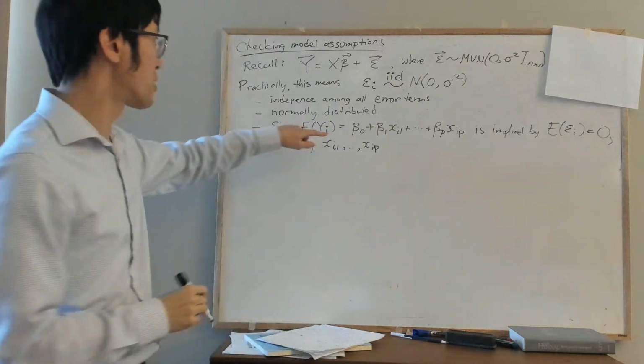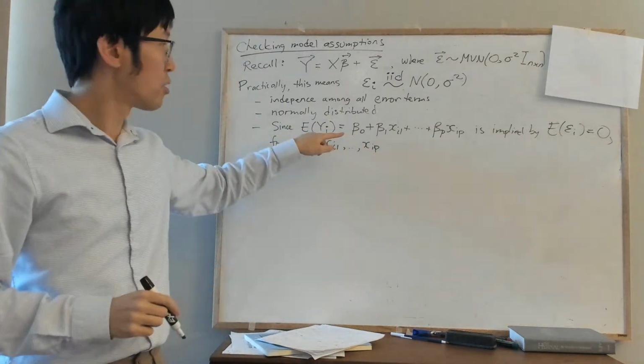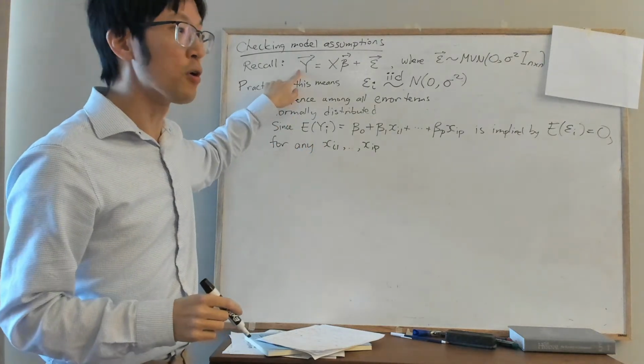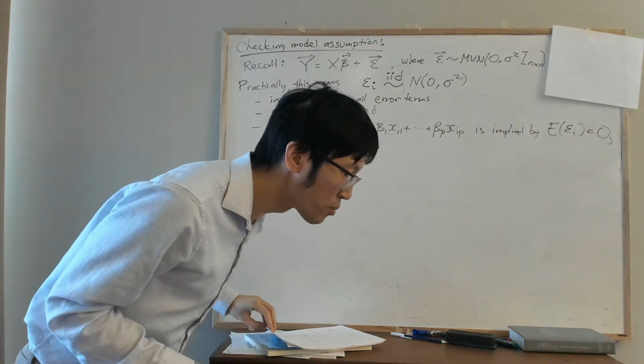So what this is saying is that this linear relationship correctly describes what's going on in the responses.